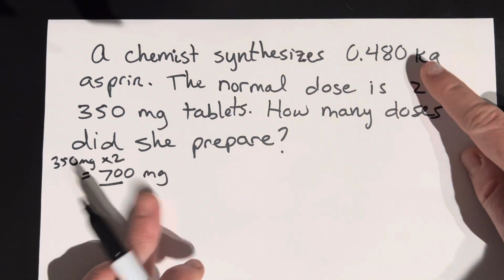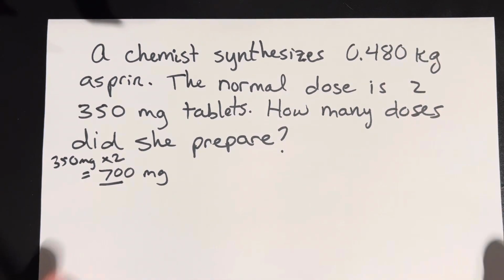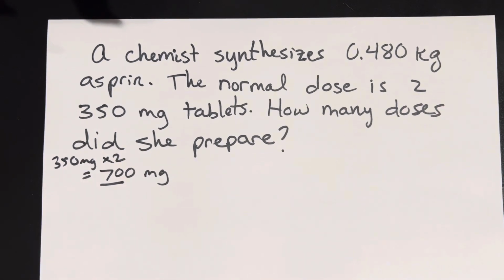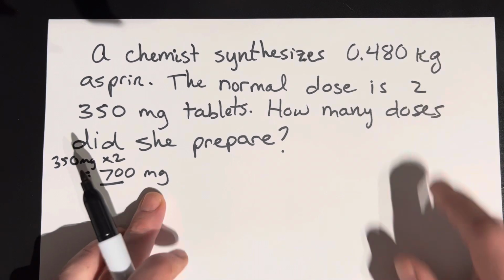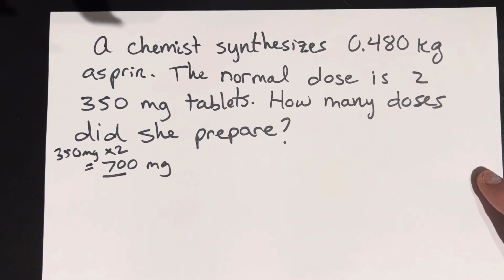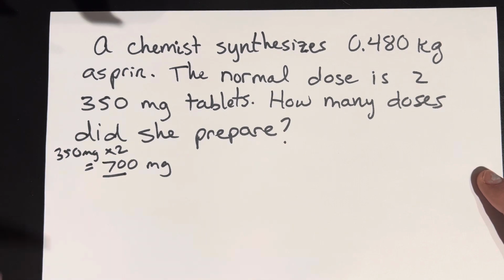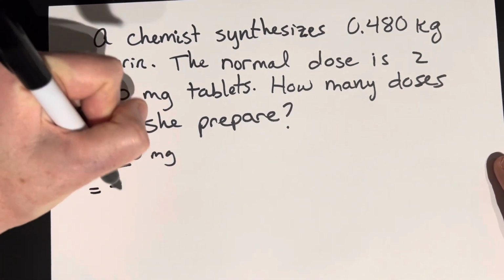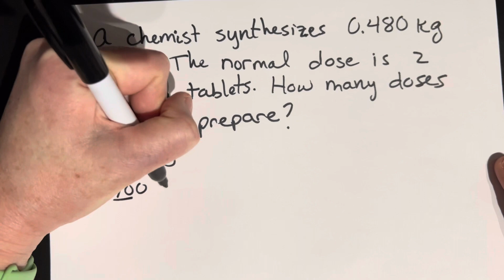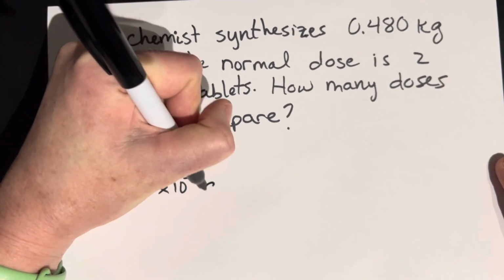Anytime you have mismatched prefixes, see that's kilo and that's milli, it helps to start by replacing the kilo or replacing the milli. In other words, we know that milli is times 10 to the negative 3. So this is actually 700 times 10 to the negative 3 grams.